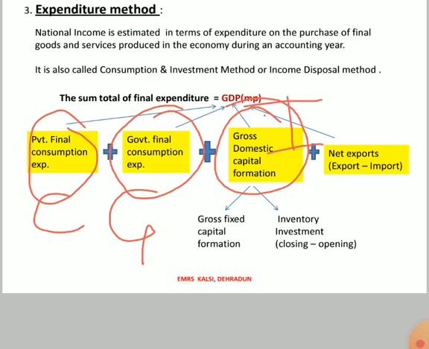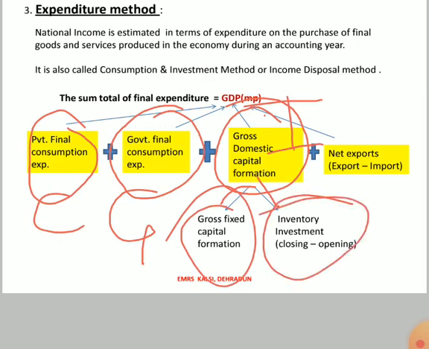Now this expenditure is broken down into two parts: investment made on fixed capital and investment made on inventories. If a businessman is investing money, he will invest in fixed assets like buildings and machinery, and in raw materials, in stock.